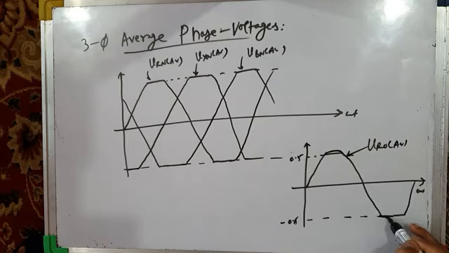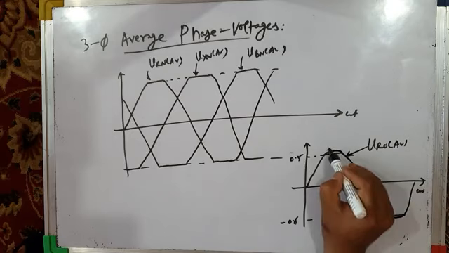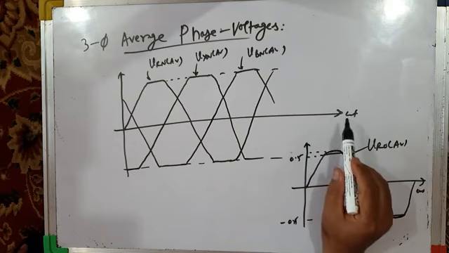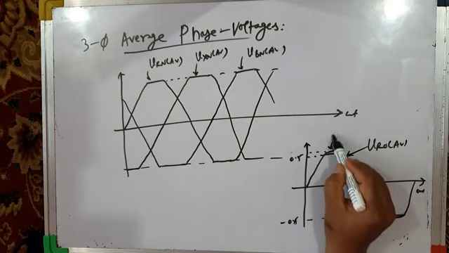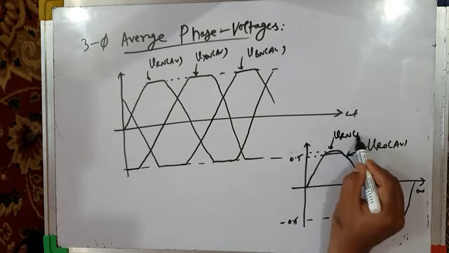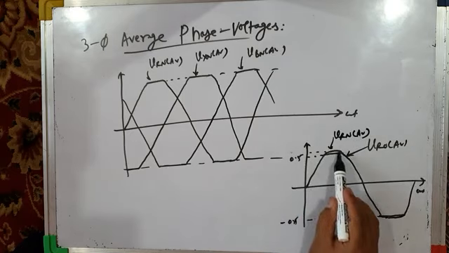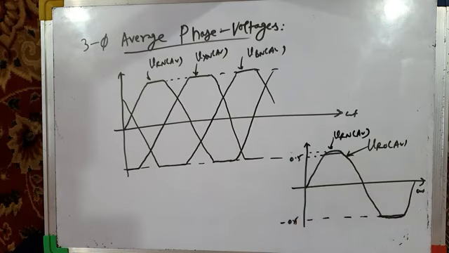It will have the same pattern as this, but its peak will be slightly greater. It will be greater than 0.5. So this is VRN average. Its waveform is similar to average pole voltage, only its peak is slightly greater than 0.5. That's it. So that is three-phase average pole voltages.